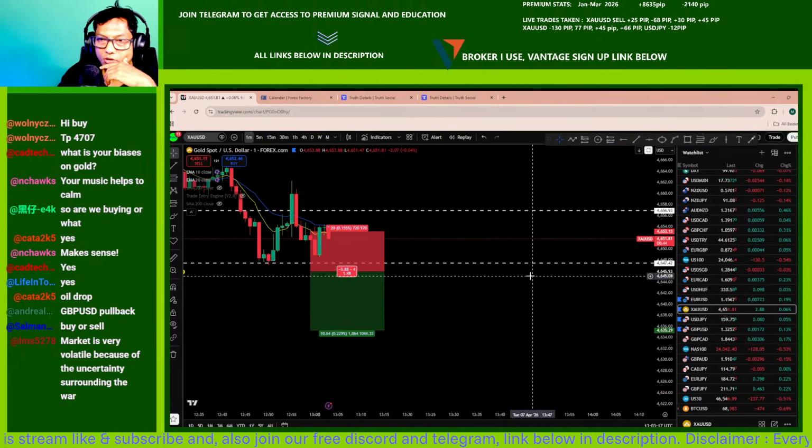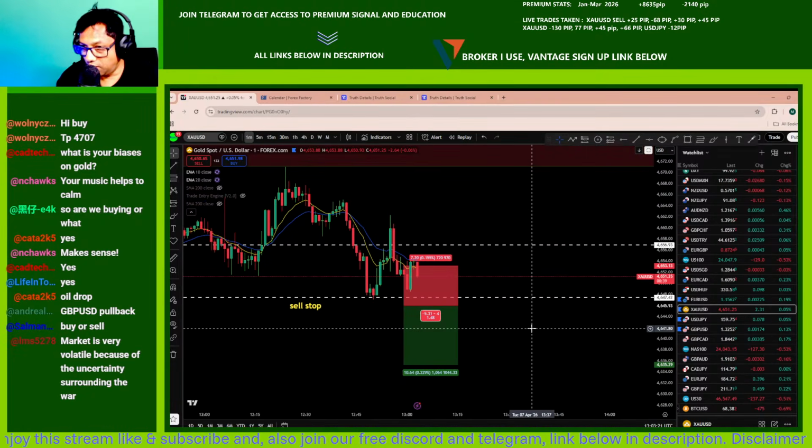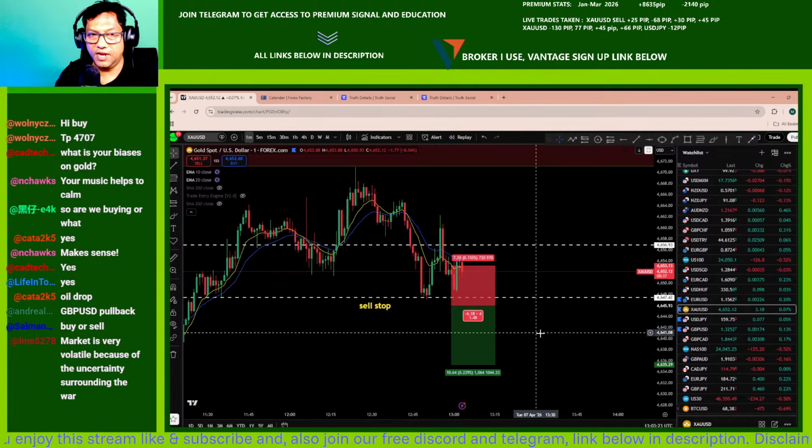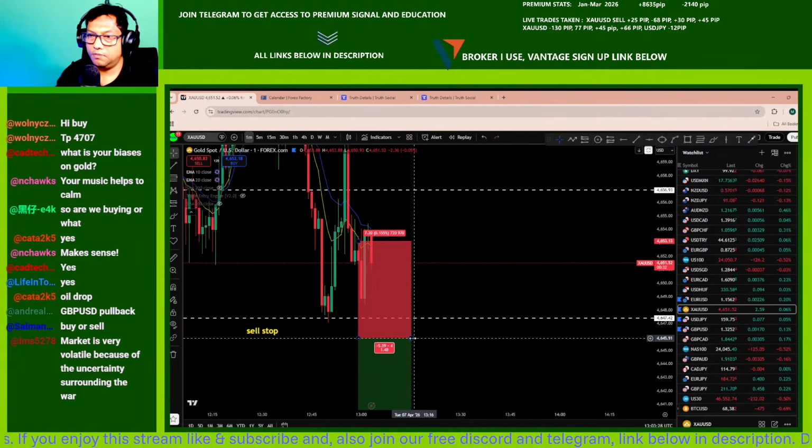So the pending order is on. This is a sell stop. We might get a trigger here. We see there is a sharp rejection of this key level.